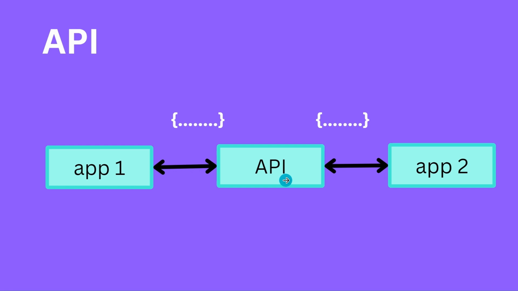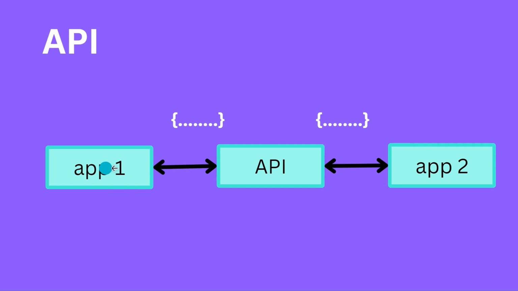App 1 will hit the API for the data with a set of requests, and the API will again hit back to App 2, get some data from App 2, and store it within itself. Once the data is completely ready, it will move it to App 1.